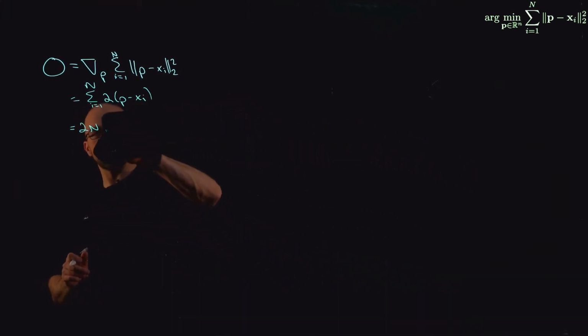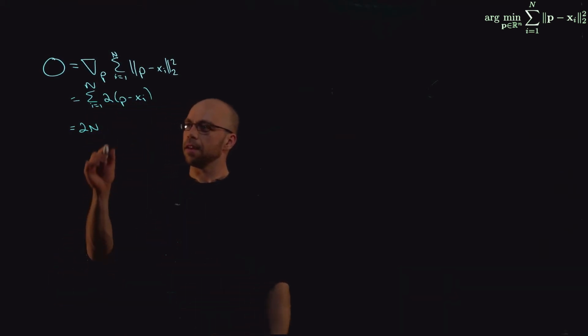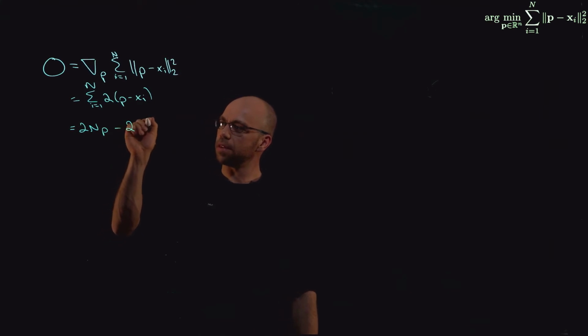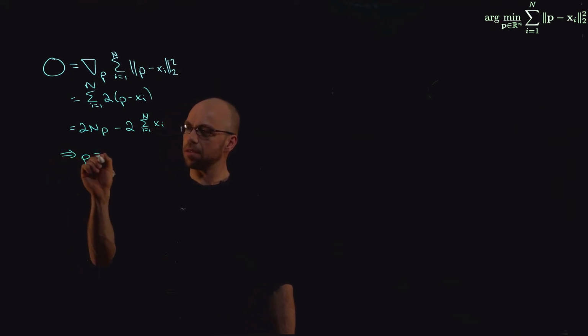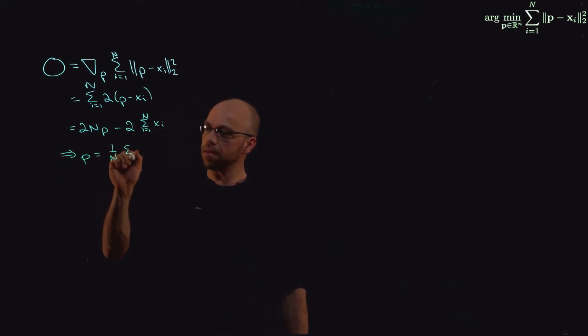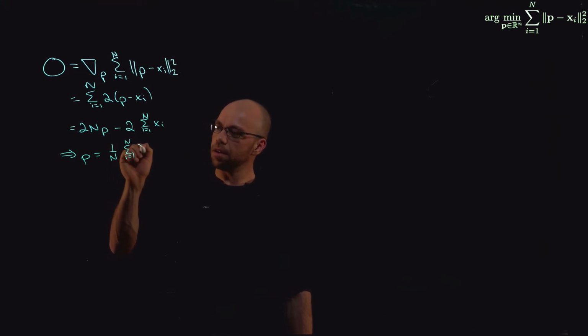I shouldn't film these things at midnight. And then the second one is minus 2 times the sum from i equals 1 to big N of xi. So in other words, we get that p is equal to 1 over n, sum i equals 1 to n of xi.